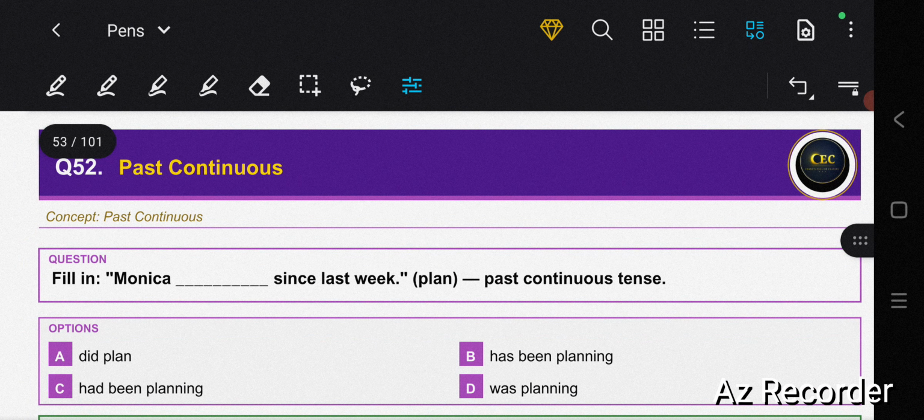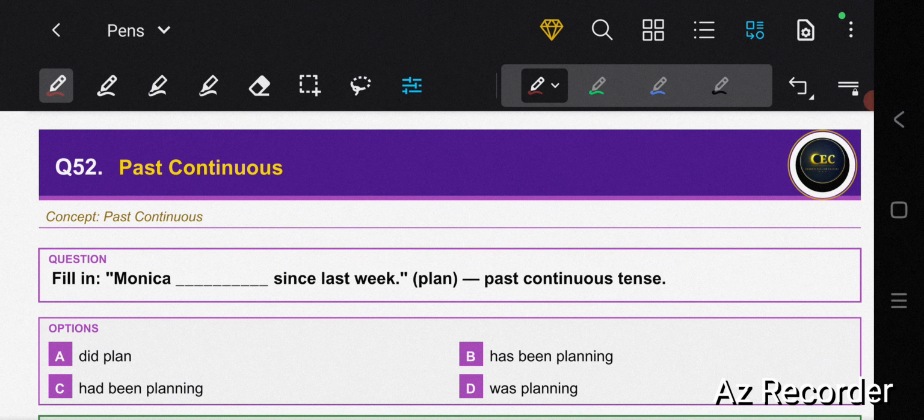And the question is from past continuous. Monica does plan since last week. We have to form the sentence into past continuous tense, so we'll take the appropriate option from the given ones. Monica did plan since last week. This is not the formation of past continuous.